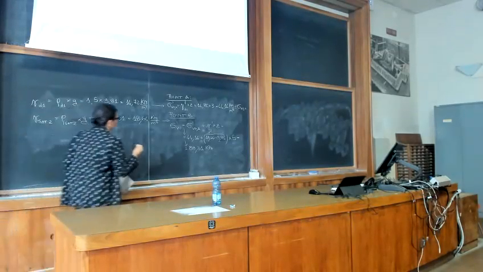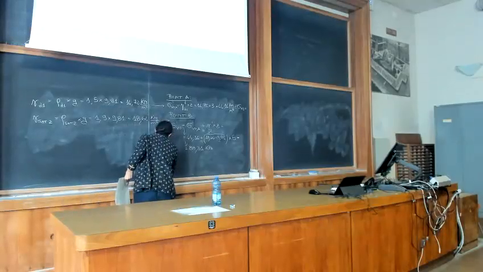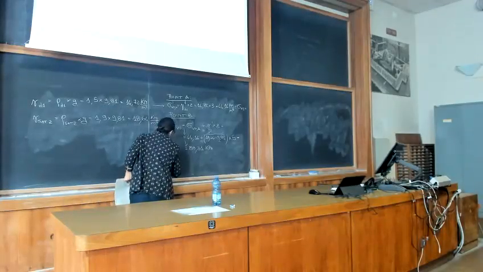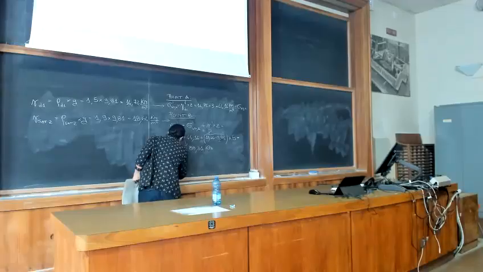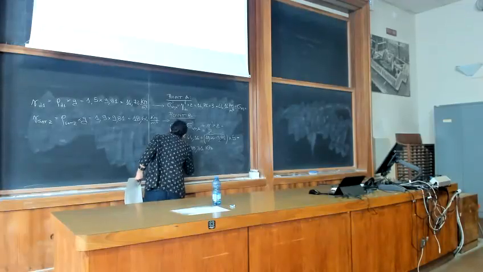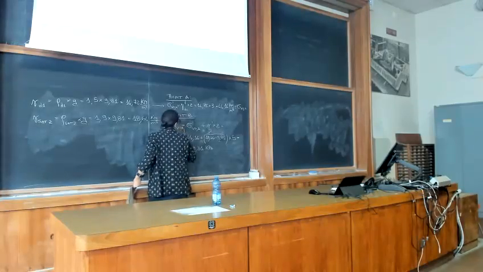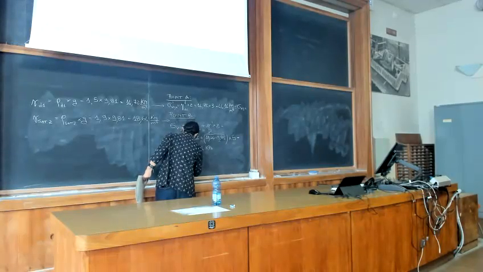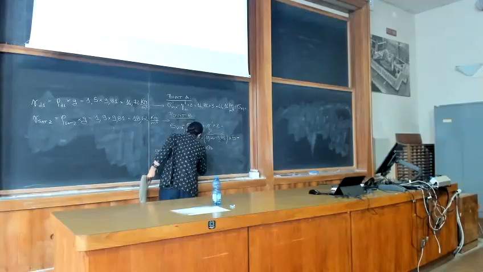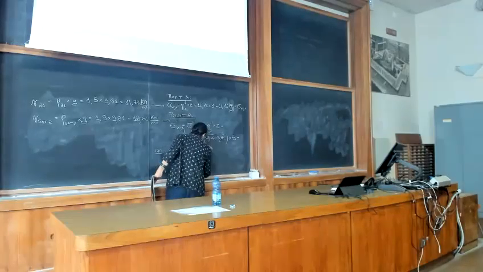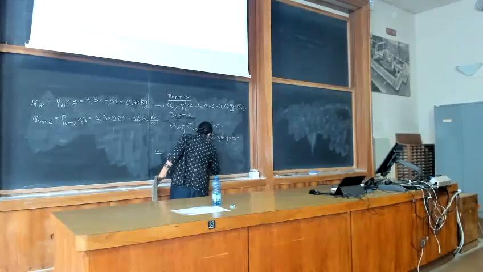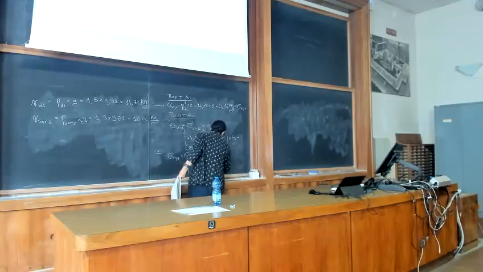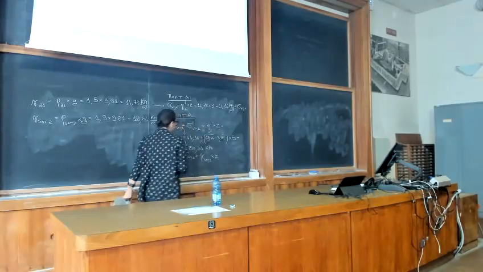So another option is to calculate sigma V naught in point B, which is given by sigma V naught in point A plus the saturated unit weight of the second layer, which multiplies 5 meters.